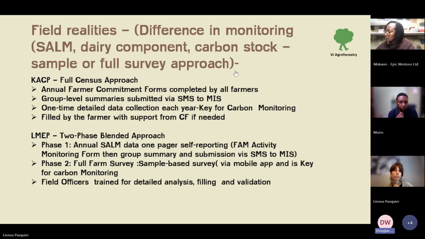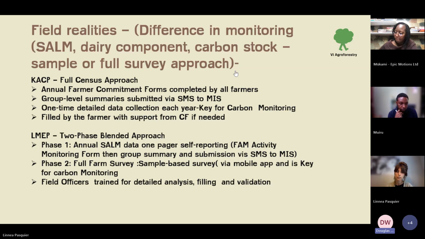But after that, there's a sample-based survey for the full farm survey, whereby a few samples are picked. Then we go back with a more detailed form. In this case, the full farm survey is done by field officers who are trained to do the analysis, filling, and also the validation of the data.